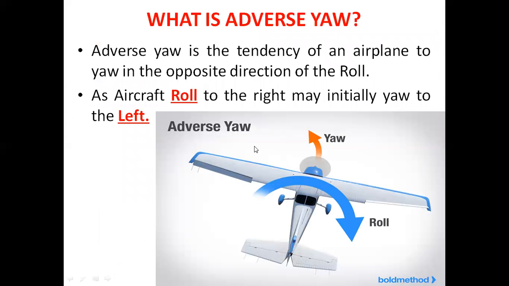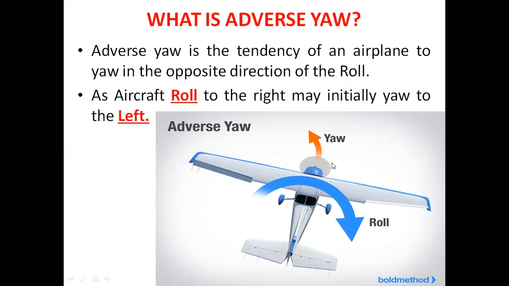Now, what is adverse yaw? Adverse yaw is the tendency of an airplane to yaw in the opposite direction of the roll. Now, the aircraft is rolling towards the right. An unwanted situation will arise.